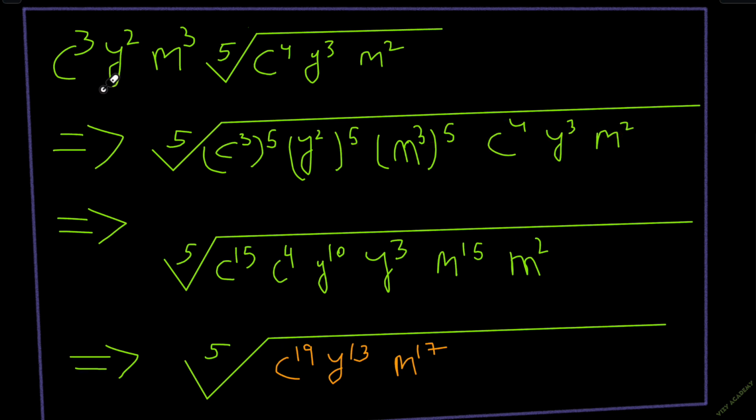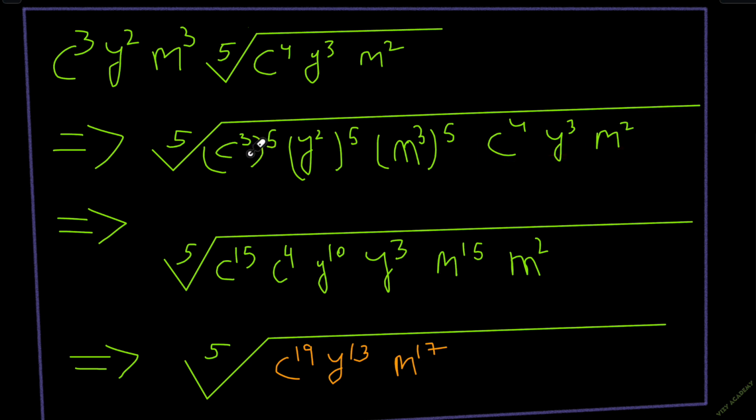Again, c cube y square m cube will go into this radical sign and it will become c cube to the power of 5, y square to the power of 5, m cube to the power of 5. And c to the power of 4, y cube and m square will stay as it is.